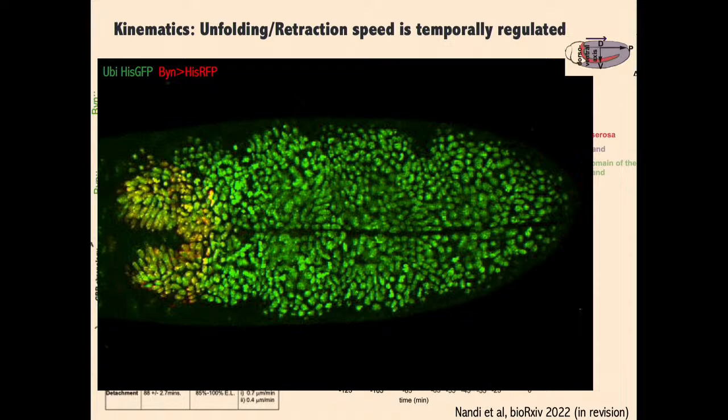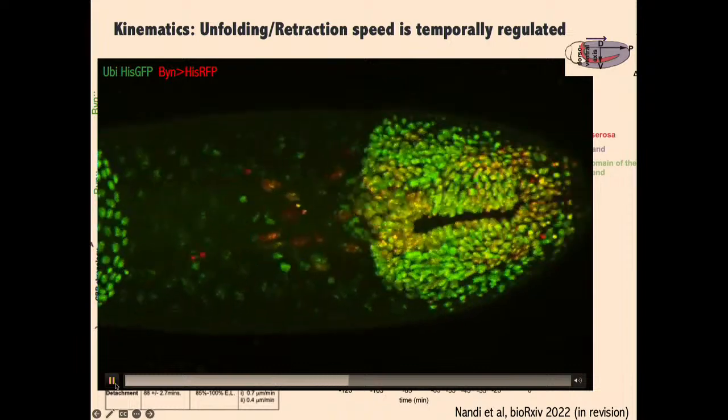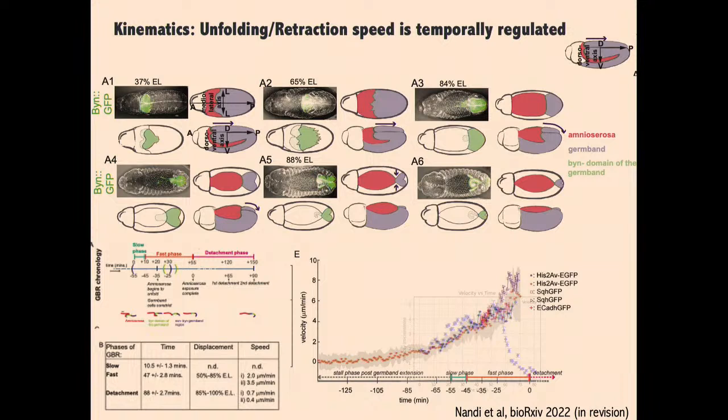And so first, and I'm not going to show you the movie with the PIV arrows here, but from movies of this kind where individual nuclei are labeled, you can use particle image velocimetry methodologies to get a feel for the velocity of this large scale multi-collective movement.